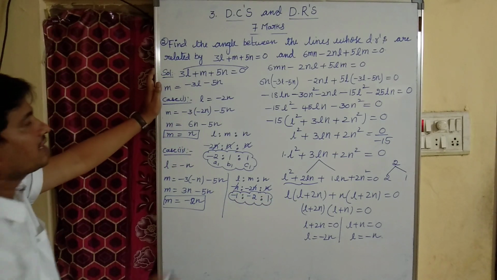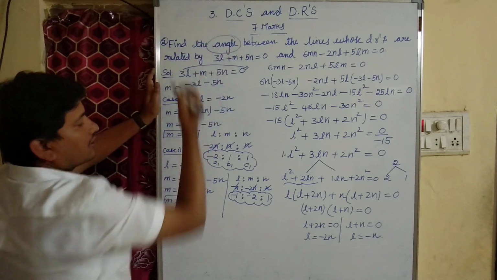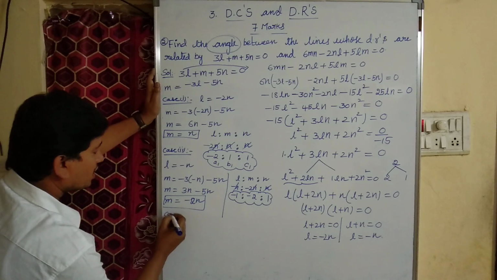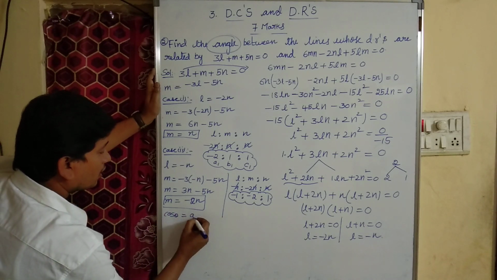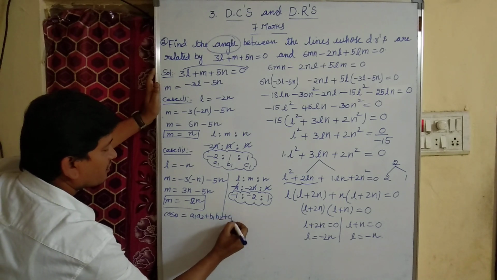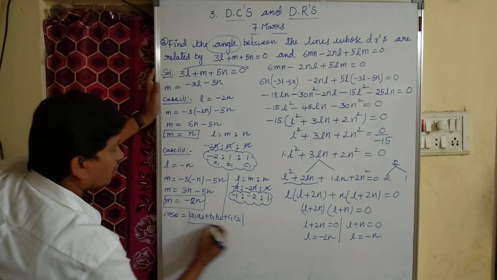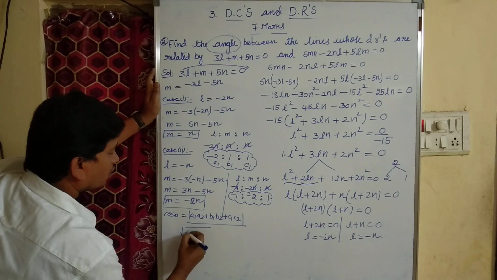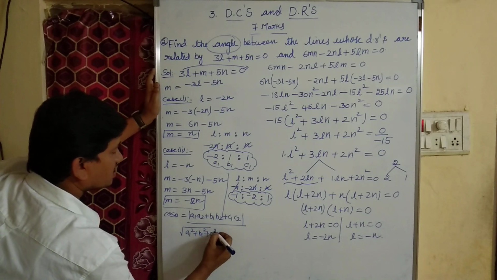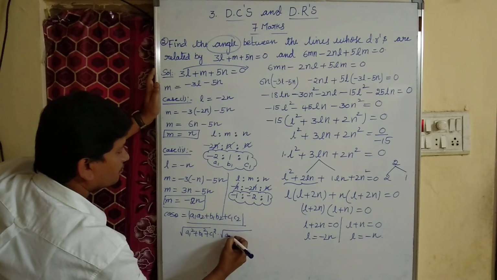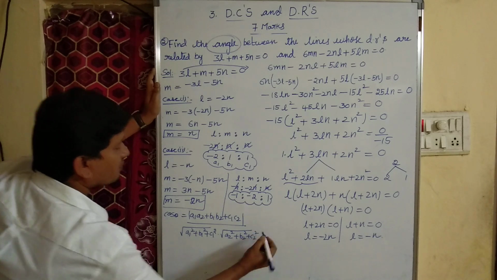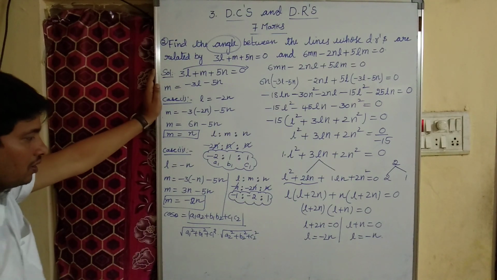Actually they are asking to find the angle between the lines. So what is the angle between two lines formula, children? That is cos theta equal to modulus of A1 A2 plus B1 B2 plus C1 C2, divided by root over A1 square plus B1 square plus C1 square into A2 square plus B2 square plus C2 square. Right?